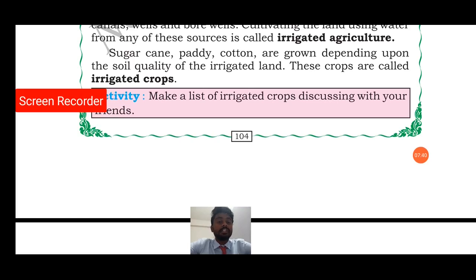Which one? Sugarcane. And paddy and cotton are grown depending on the soil quality of the irrigated land. So these crops are called irrigated crops.